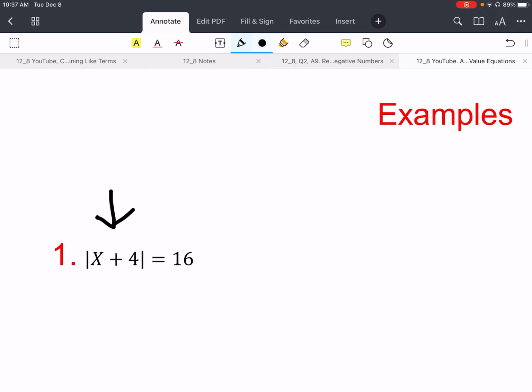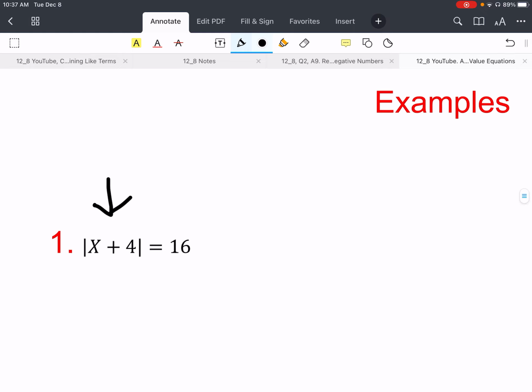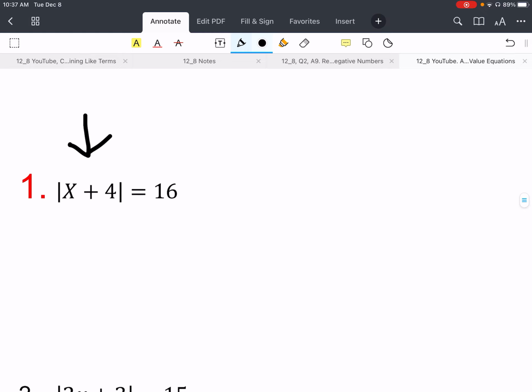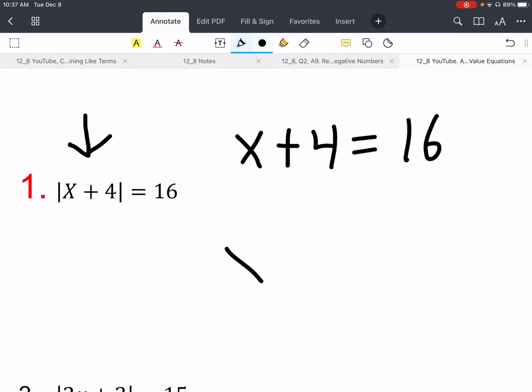Because if our answer is negative 16, that means the absolute value of negative 16 is also positive 16. So for these simple ones, we're just going to set it up. We're going to write it as two different equations. We're going to make it x plus 4 equals 16. And we also want x plus 4 to equal negative 16.